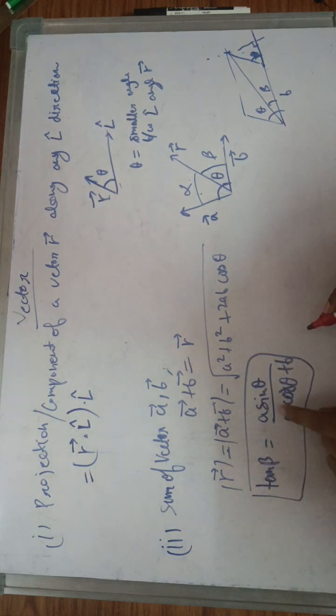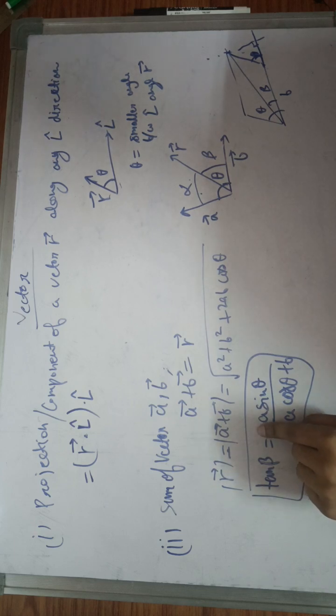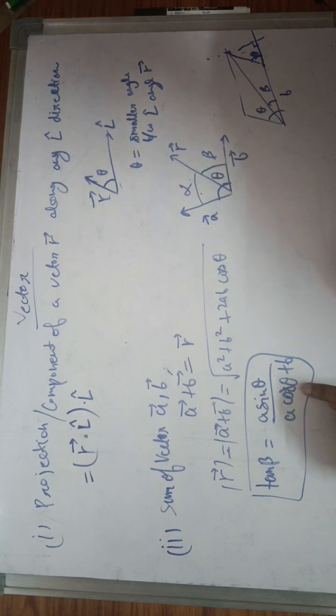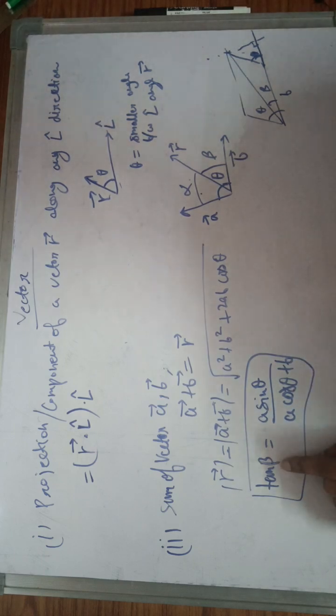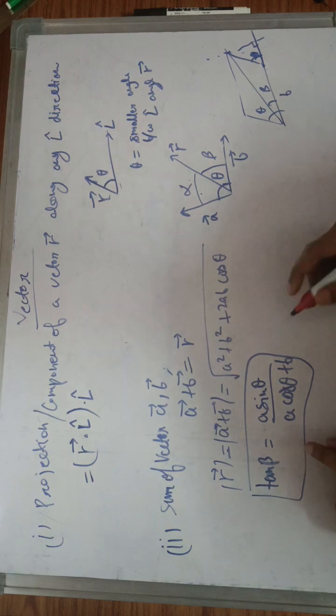So tan beta is equal to A sine theta upon A cos theta plus B. The angle made with any vector B is equal to the magnitude of the other vector times sine theta, upon the magnitude of the other vector times cos theta plus the vector's magnitude itself from which the angle is made.